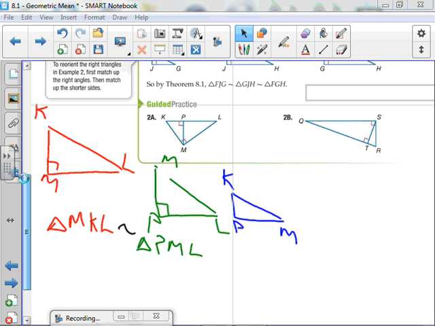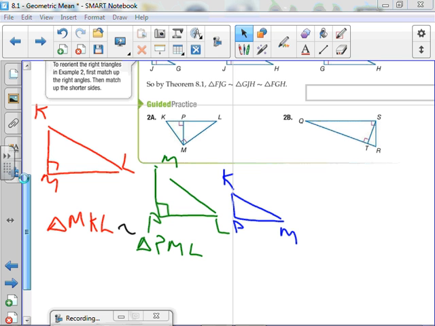Even if you wrote something like triangle KLM is similar to triangle MLP is similar to triangle KMP. And there's another way to do it as well: MPK, MPL, KML. MPK, LMK, LPM. Okay, you're great.